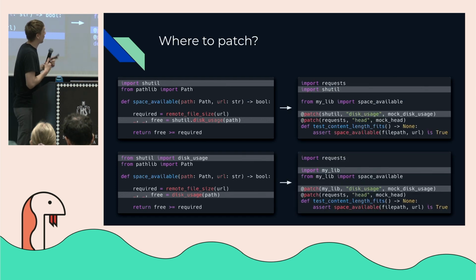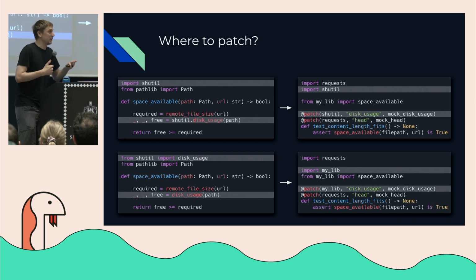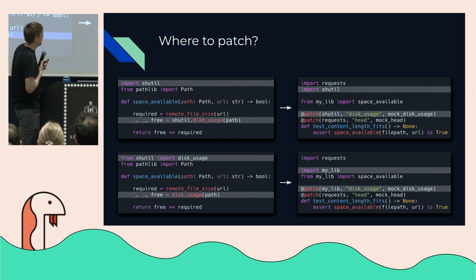And so we get around this by just being cognizant of where the patching needs to be performed. So again, if we're importing from shutil in our example code, we need to patch shutil.disk_usage. If we're importing disk_usage into the namespace of the code that's using it, we need to patch that namespace and change the disk_usage inside of it.